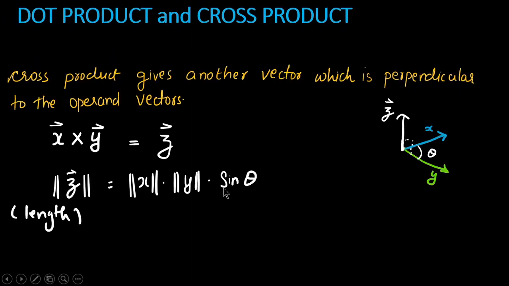For your clarity, norm of z is equivalent to the area of the parallelogram made by these vectors. This is y and this is x. When you find the area of this parallelogram, that will be equal to the norm of z. And the direction of z is always perpendicular to both x and y.